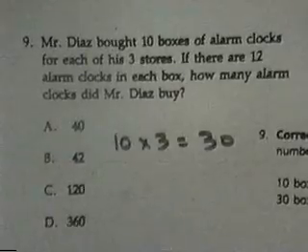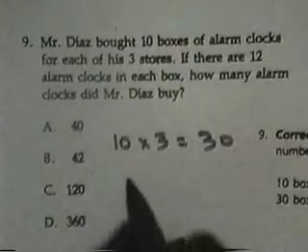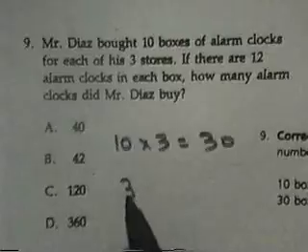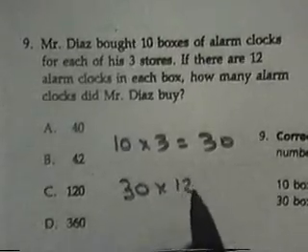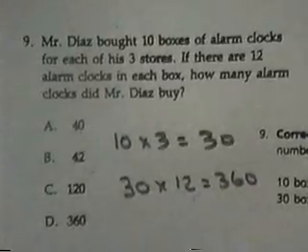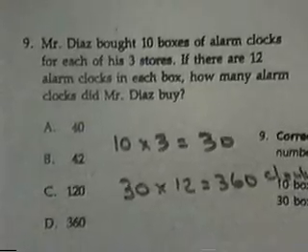Then it says if there are 12 alarm clocks in each box, how many clocks did he buy in all? So then it would take the 30 boxes times how much in each box, and we would get 360 clocks. Okay, 360 clocks.